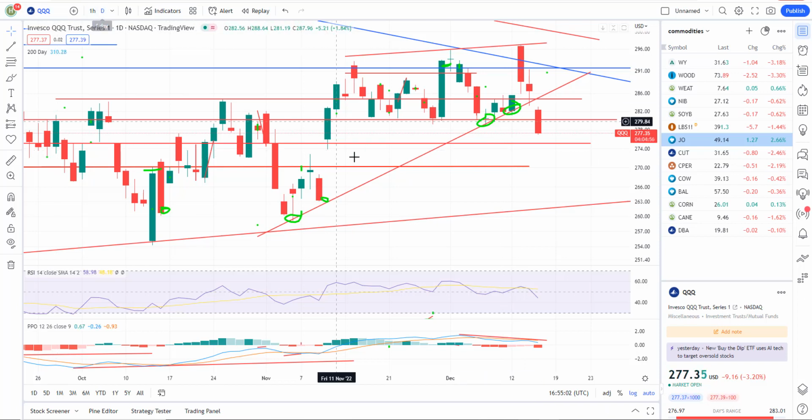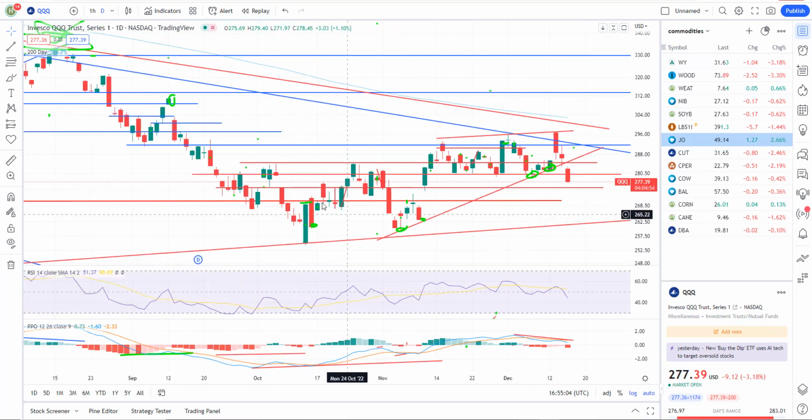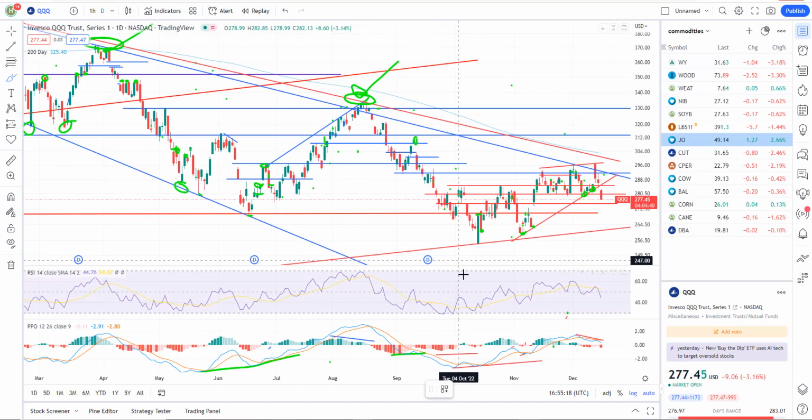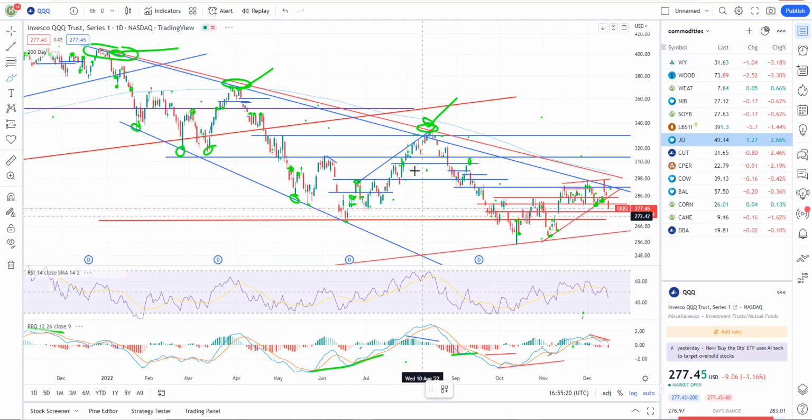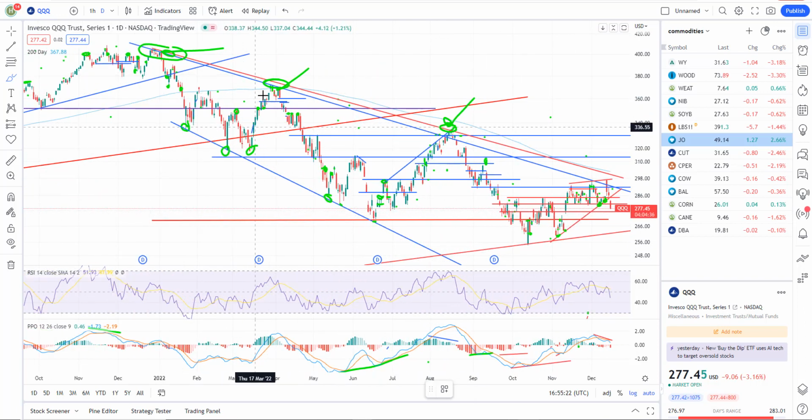If I look at the daily chart, this is the most recent bear market rally. It really started back here in October, but for the most part, we started trending right here early November. Okay, and this was a weak rally too. If I roll out, look at the daily, these are bear market rallies. We're in a bear market. Understand that, recognize that.